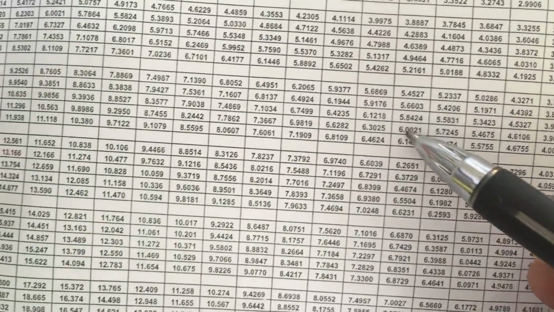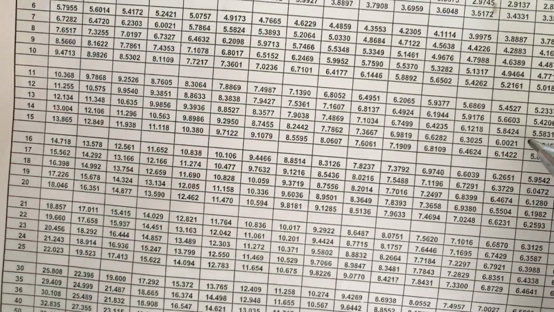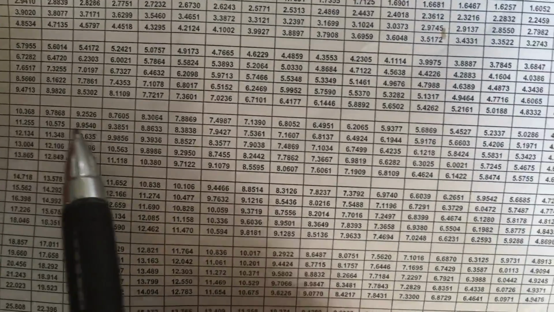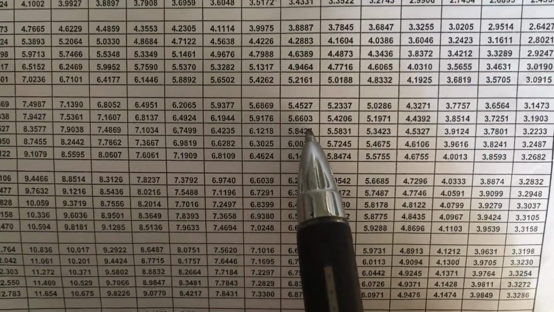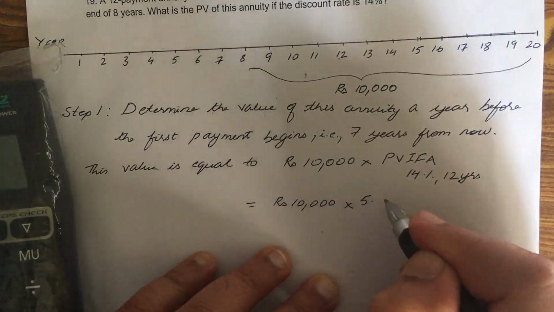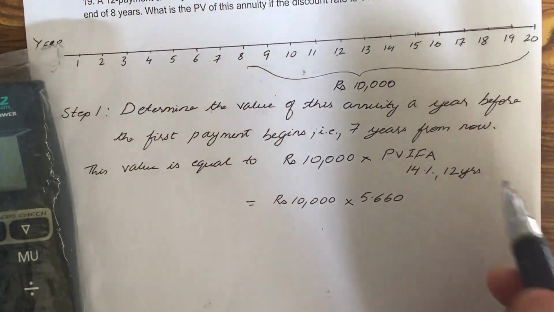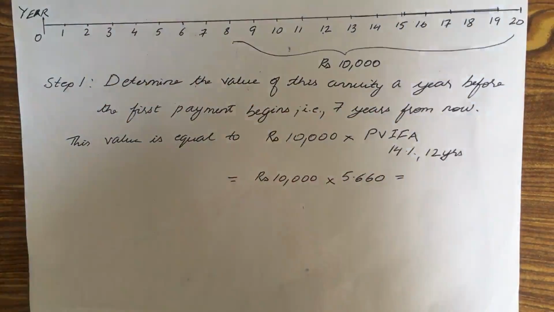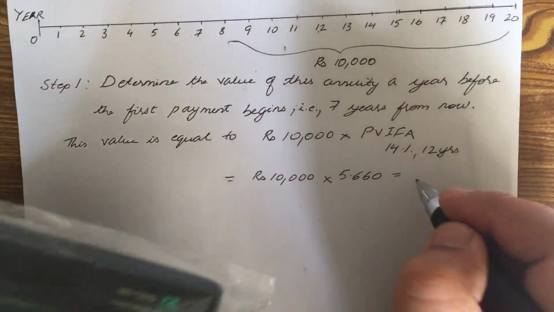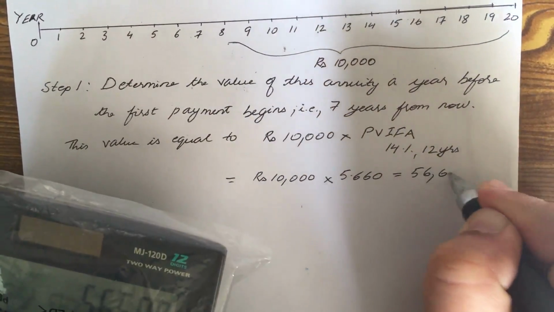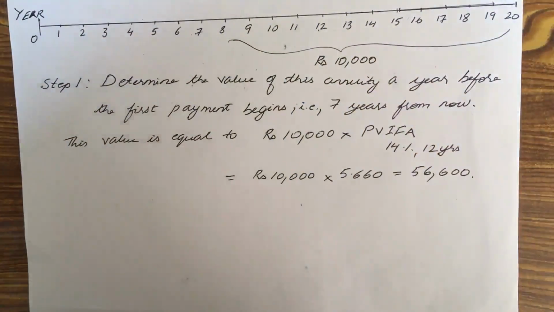Now look at the value that corresponds to 12 years. 14% is 5.660. So 10k into 5.660 is equal to 56,600.